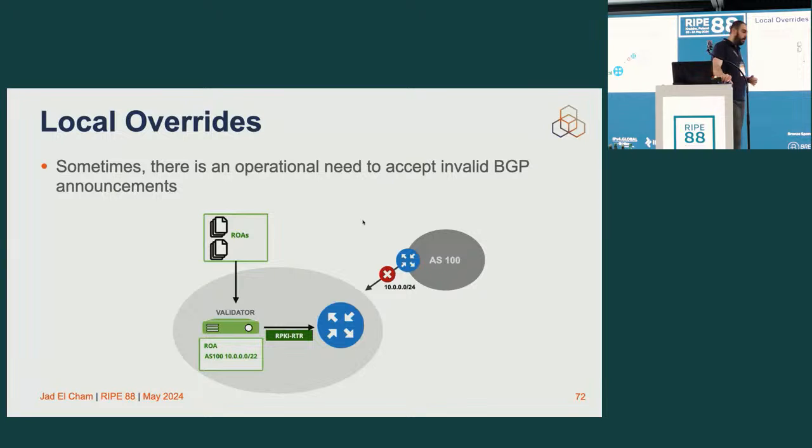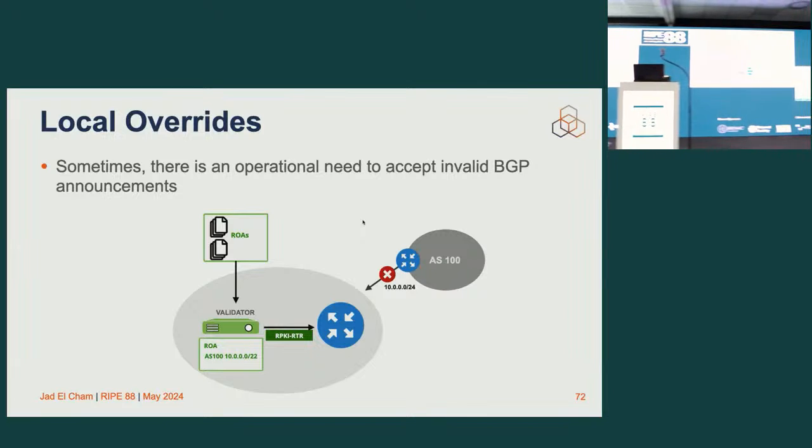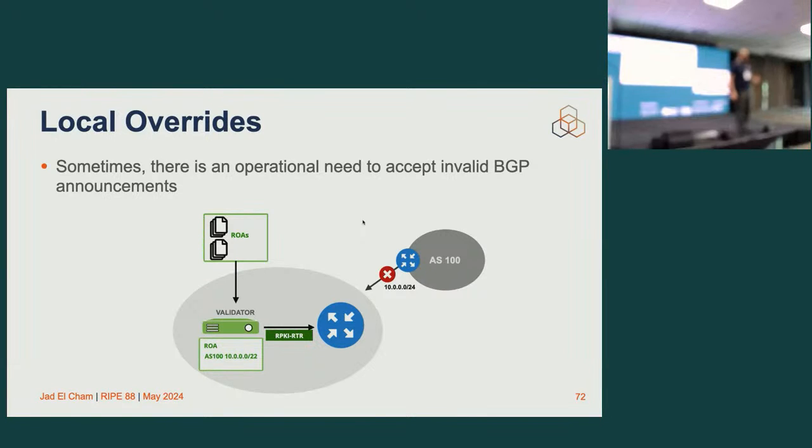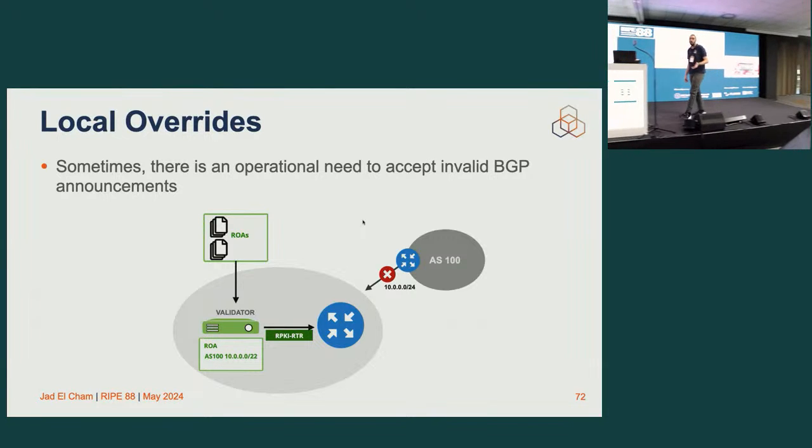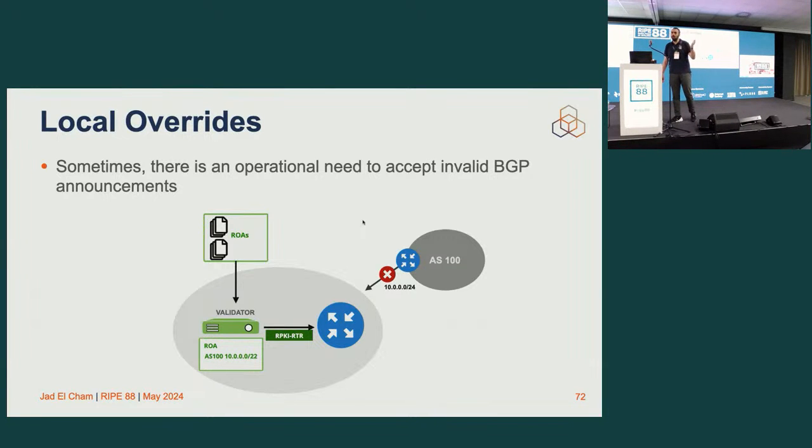Now, going back, we could be in a scenario where we might need some local overrides. What if one of my customers did something bad, a misconfiguration, or they started announcing a prefix that is invalid, and I stopped accepting these announcements because they contradict something in the ROAs they had created before? I have two options here. Either I disable the whole filtering based on RPKI data, but that's not a good thing.